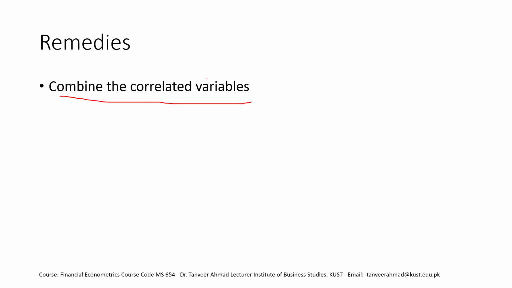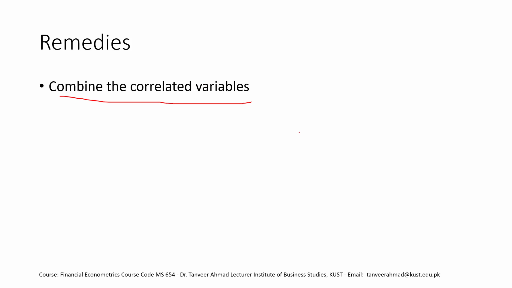If these two variables, the number of years of experience and the age, are correlated, then we can combine the information of these two variables and construct a score, say a seniority score. Now instead of having these two independent variables in the model, we can have just one independent variable, the seniority score, which would accommodate both the information of the number of years of experience and the age.